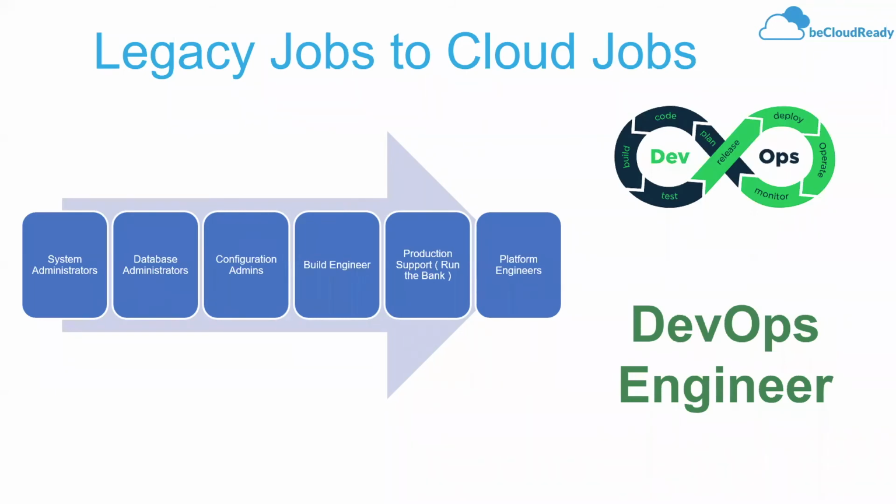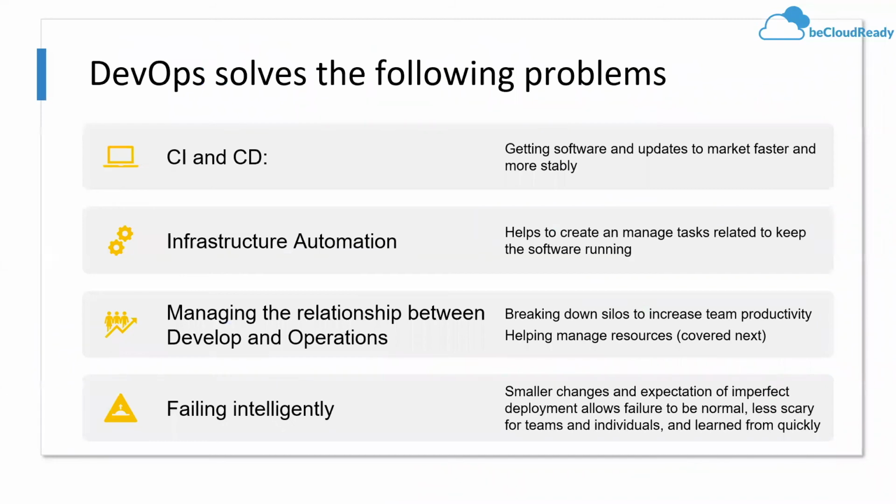Okay, so if we go to the next one, what kind of problem does DevOps basically solve? As I said, CI/CD. CI/CD is the complete orchestration of the build pipeline. Infrastructure automation, you are completely automating. So I'm talking about a DevOps person as the janitor of that big building who does everything.